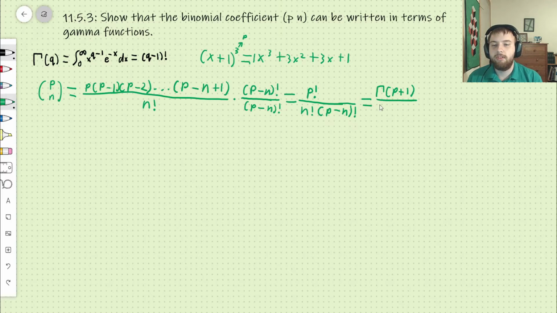And then same down here, the factorial of n is the gamma function of n plus 1, and the factorial of p minus n is the gamma function of p minus n plus 1.